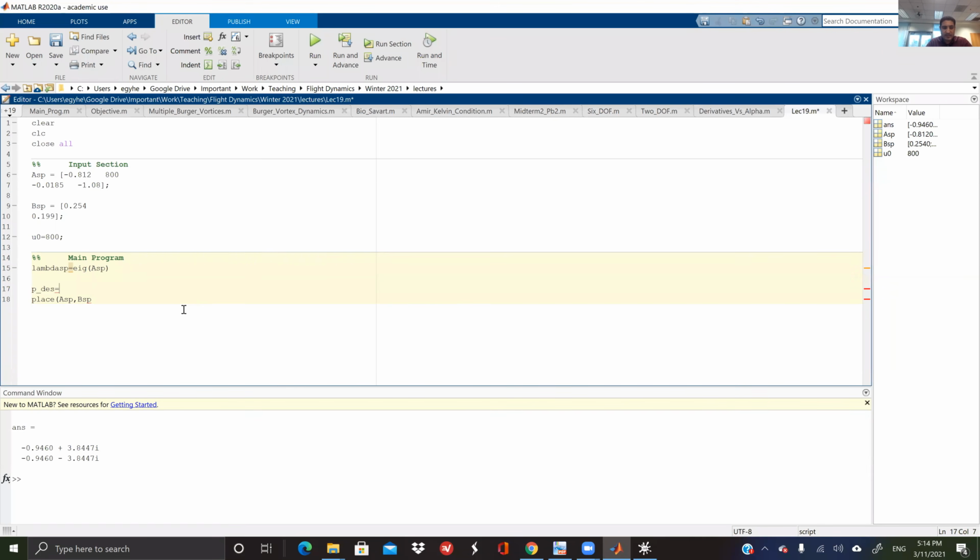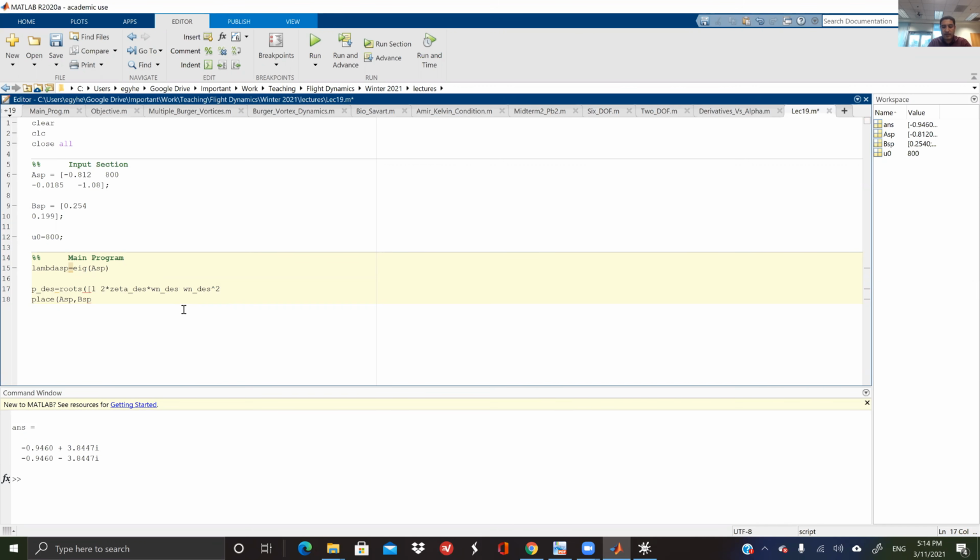So these were what? They were the poles. I mean, I had the desired characteristic equation, and if you have the desired characteristic equation, these are the roots. So there is the command roots, give me the coefficients of the polynomial. It's 1 times s squared, 2 zeta desired times omega n desired, and omega n squared.